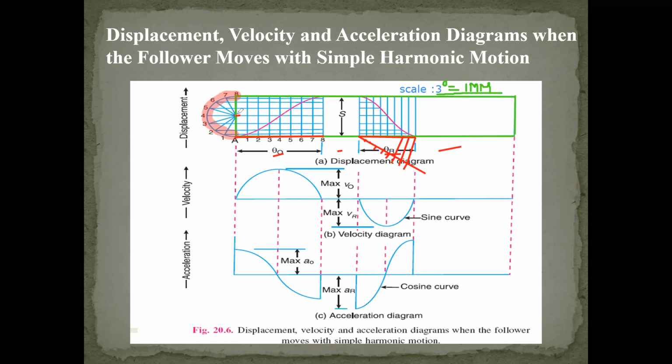Place it here at the center. 22.5, and 45, and again 45 plus 22.5 is 67.5, and 90. Then 90 plus 22.5 is 112.5, and 135. 135 plus 22.5 is 157.5, and 180.